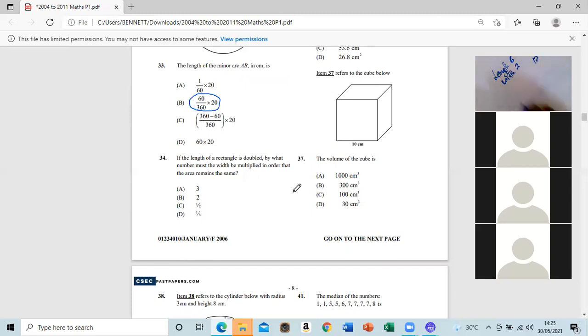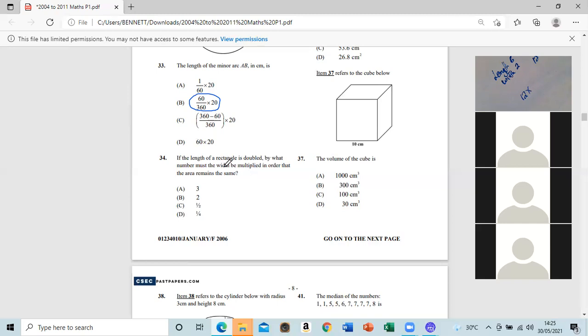Let us see what they say. If the length is doubled, so if we double the length of 6, the length will be 12 now. What would be the area?